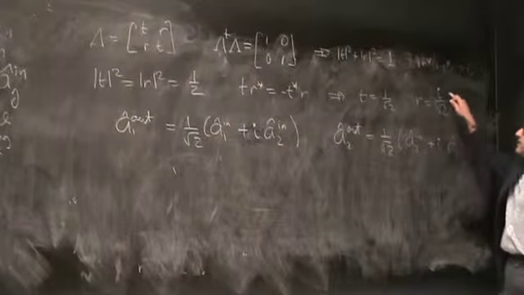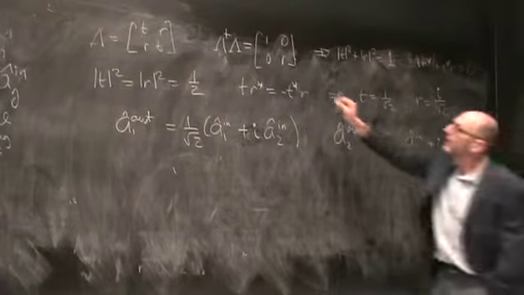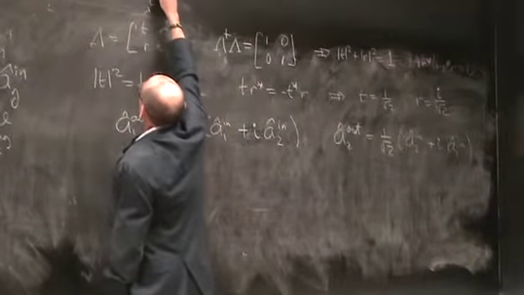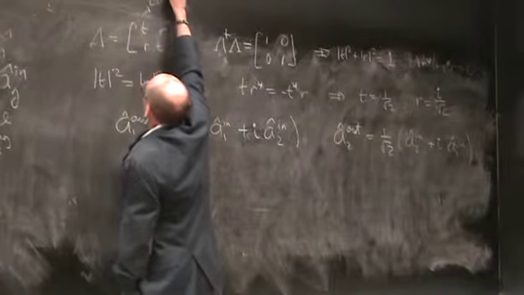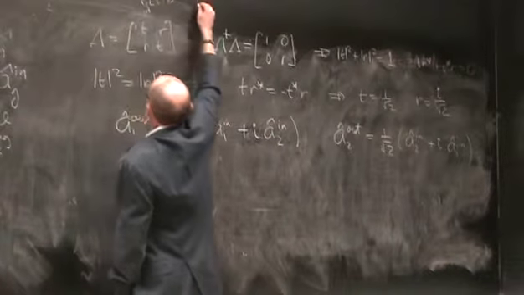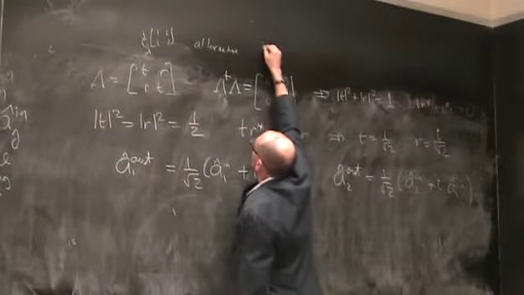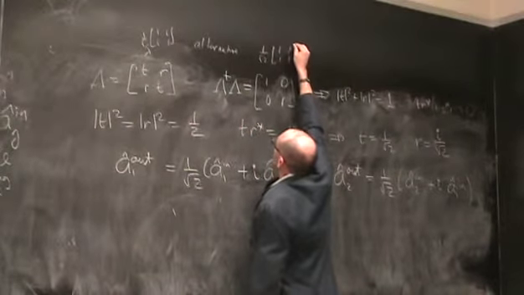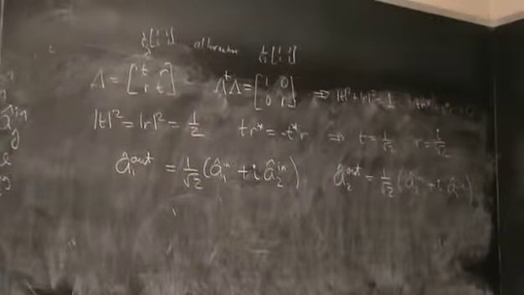So the matrix we just looked at was 1, i, i, 1 over root 2. The alternative is 1 over root 2 times 1, 1, 1, minus 1. That's also a 50-50 beam splitter, but it's not symmetric.